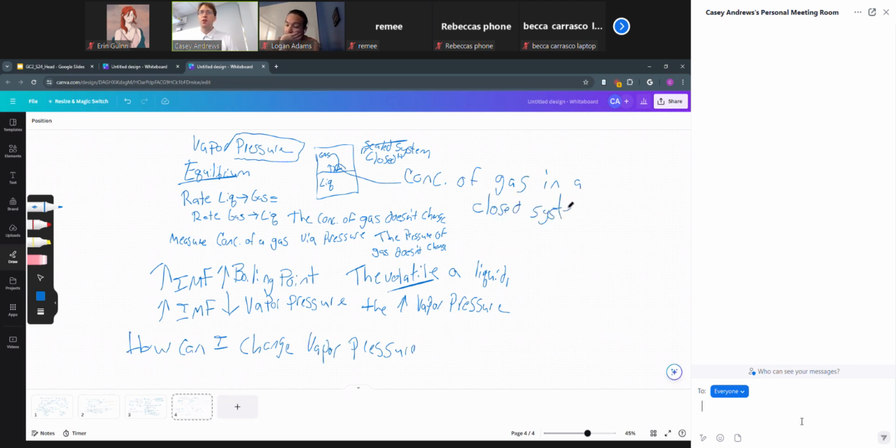Those of you who look at weather often, you'll see that we measure vapor pressures in the world too, right? Because you can kind of think of Earth as, it's not a closed system, but for water vapor, it kind of is. Water vapor is going to have a hard time going into space. A little bit would, but how can I change the amount of gas in my closed system? And so we just talked about that. If I increase temperature, the higher my temperature, the higher my vapor pressure.